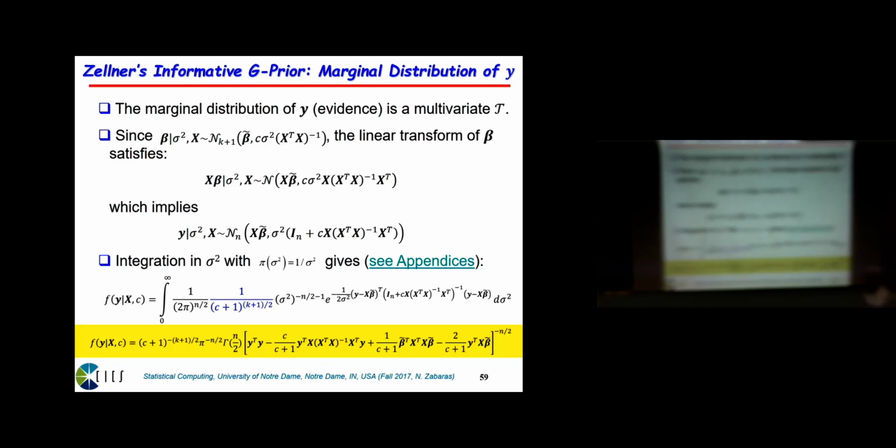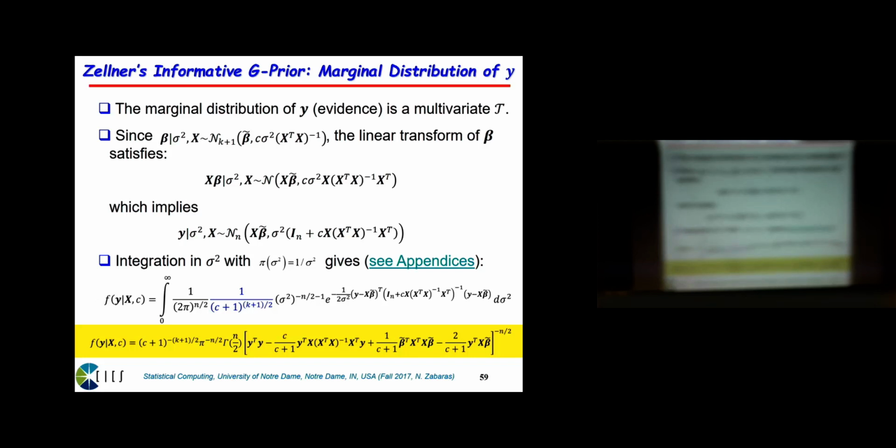Well, let me ask you something. Right now, my brain is functioning, is back. The fact that I put a blue color there means I had to remind you that that term is not trivial. There is some substance there. So can you tell me, you remember, this calculation involves this Gaussian times the prior 1 over sigma squared and an integral over sigma squared.